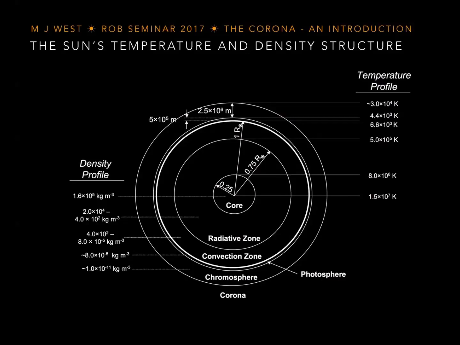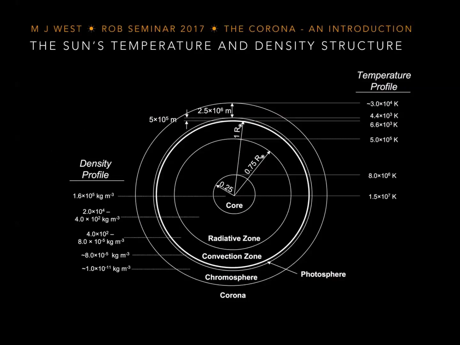I put this up here because it's not possible to dissociate the corona from the lower atmosphere and the actual sun itself, so I am going to have to refer back to some of these regions. I'm not going to give you the science behind them, and I encourage you to go away and look it up yourself.